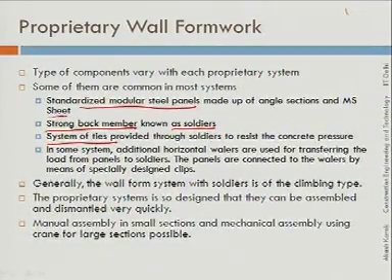In some systems you will find additional horizontal wallers. So, depending on the pressure, you may have to use additional horizontal wallers also. I will show you how these wallers and soldiers are arranged, and how the modular steel panel is erected.